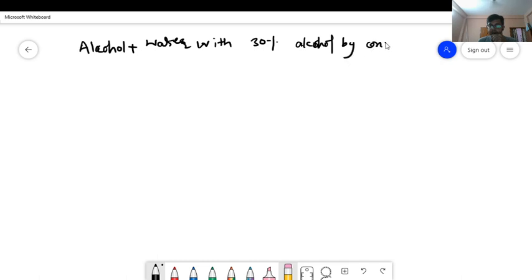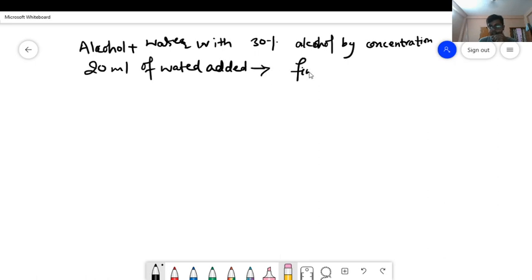If 20 ml of water is added to the solution, the final concentration becomes 24%.